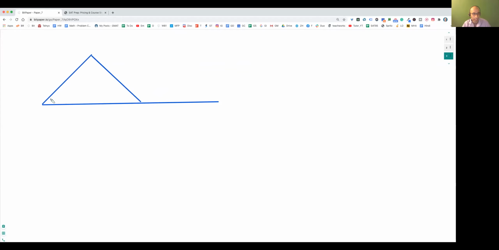Let's say this is 50 and this is 70. Try to find out what this is, and post your answer in the chat. Then the second one is, what is this angle? Try to find the first one and the second one.